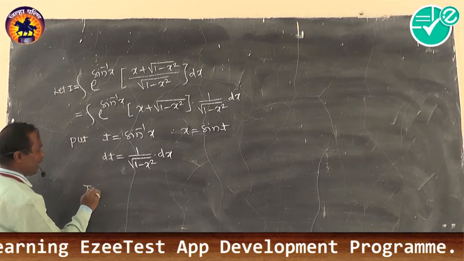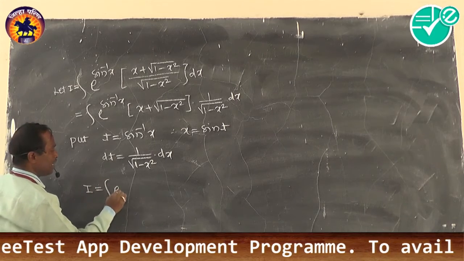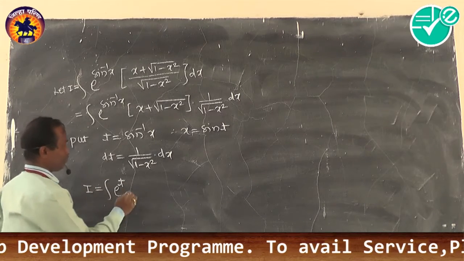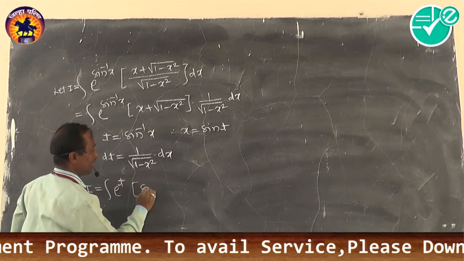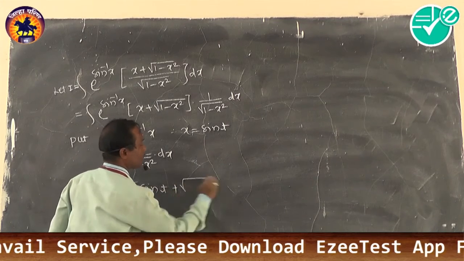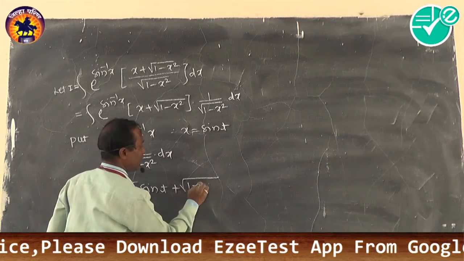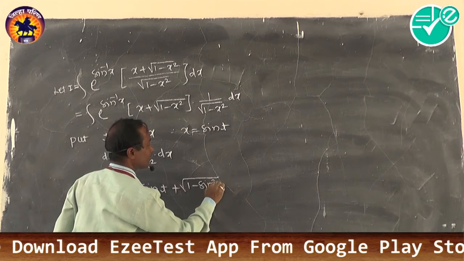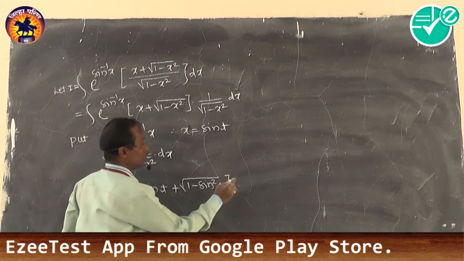I can be written as e raised to t into (sine t plus under root 1 minus sine square t) into dt.